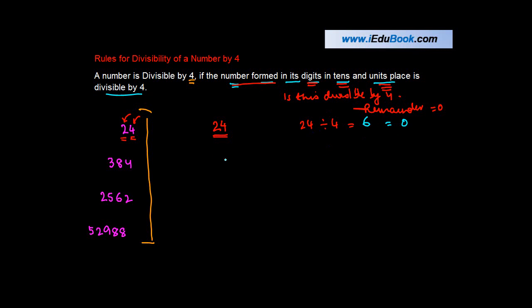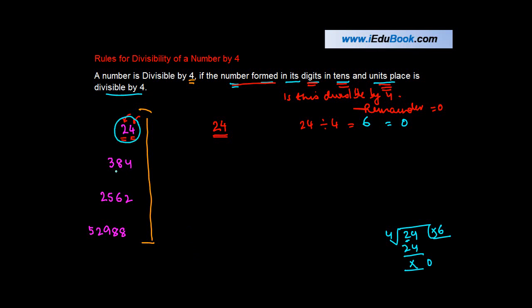Or even otherwise, if you want to see this, 24 divided by 4: first number is 2, it's not divisible, so I put a cross. 4 times 6 gives me 24 and the remainder comes as 0. Again, that was a simple thing because you just had 2 digits.